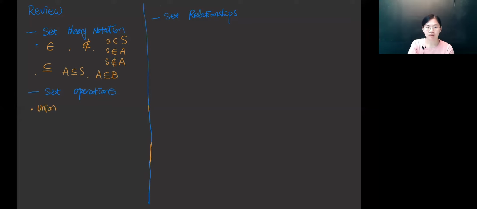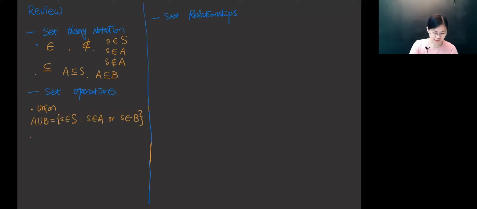The union of two events is also an event, and it is the collection of the outcomes such that either event A happens or event B happens. So A union B is the set of s in the sample space such that little s is in A or little s is in B.